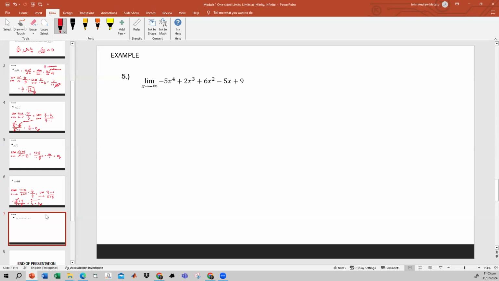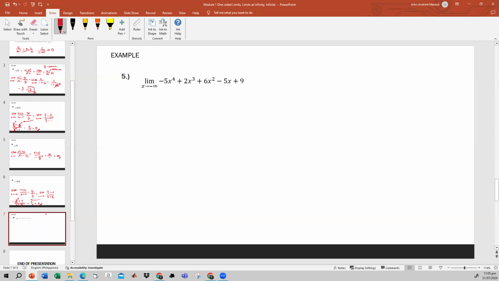In that case, class, the first 4 examples that I have given to you are rational functions, and it's different now because we're dealing with a polynomial function. So the approach will not be the same.